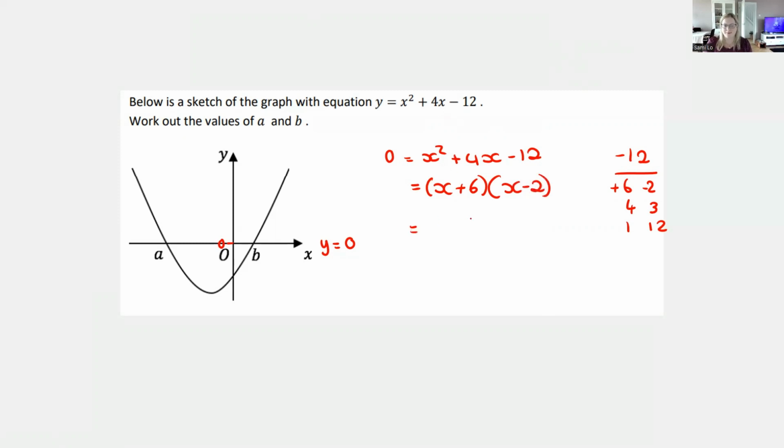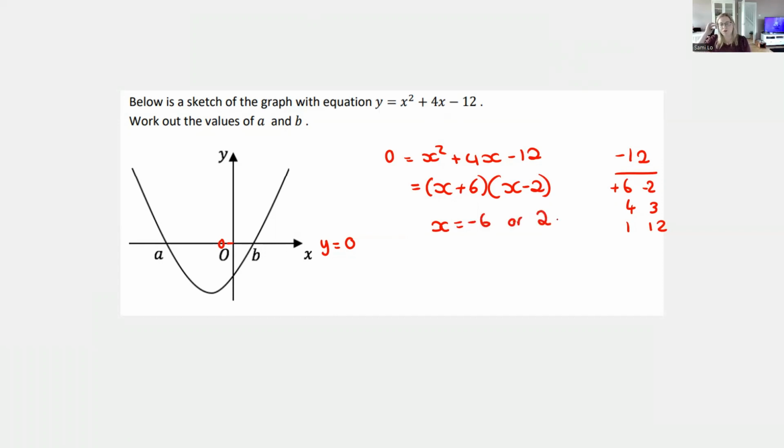That's going to give me x is equal to -6 or +2.